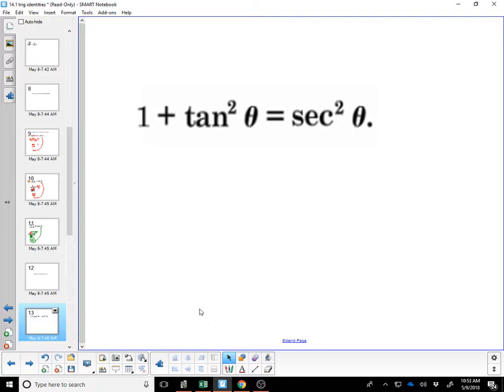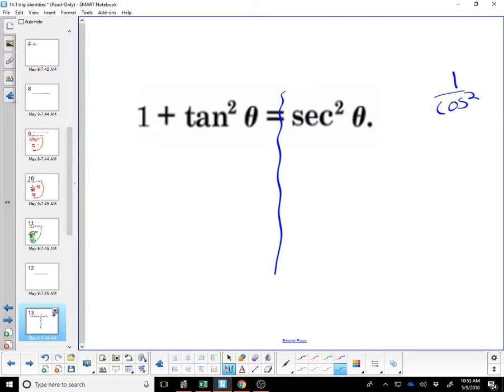What is secant? It's 1 over cosine. I'm just going to make a note of that over here somewhere. So I want this left side to become 1 over cosine squared. I'm making a note because this left side is that, technically.